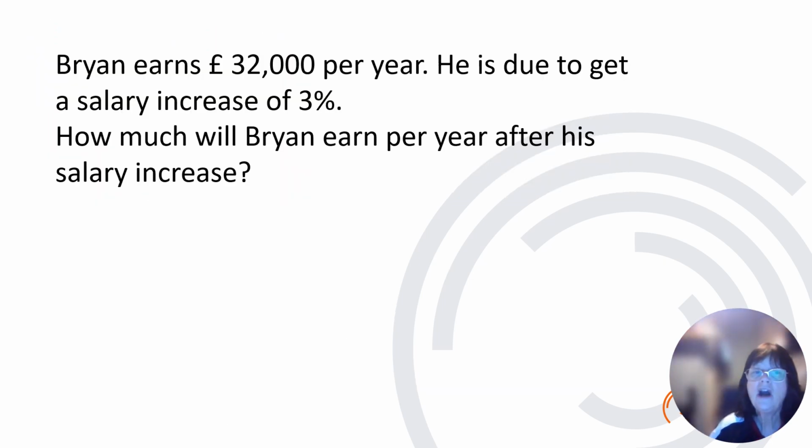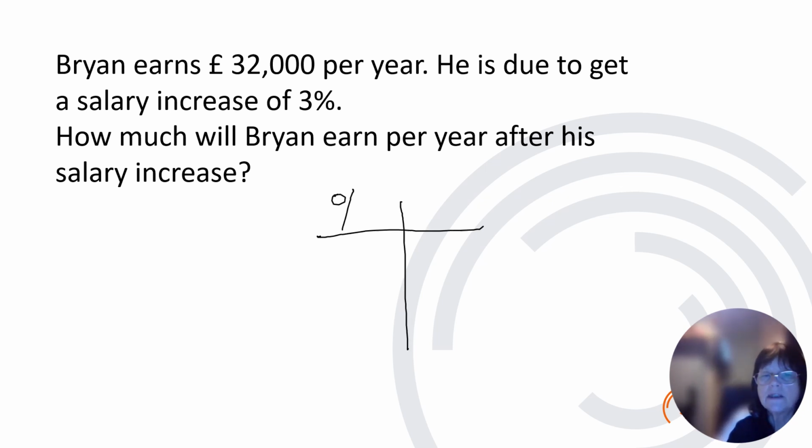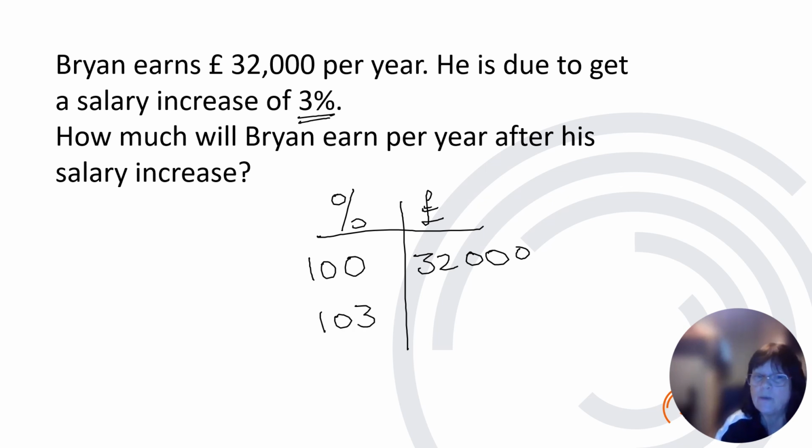Brian earns £32,000 a year and he's due to get a salary increase of 3%. How much does Brian earn per year after his salary increase? The way I want to show you how to do this is that we put in what we know. At the moment, 100% of Brian's salary is 32,000. What we want to know is what 103% of his salary will be.